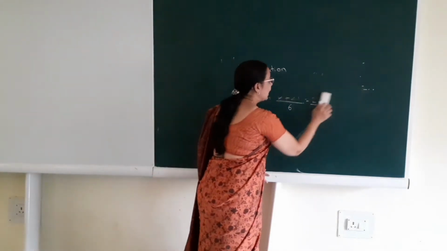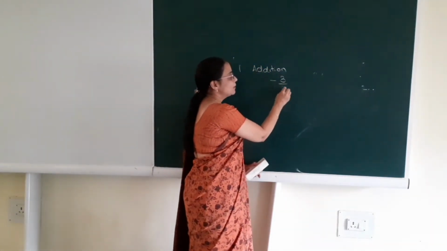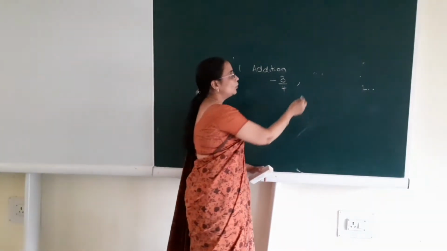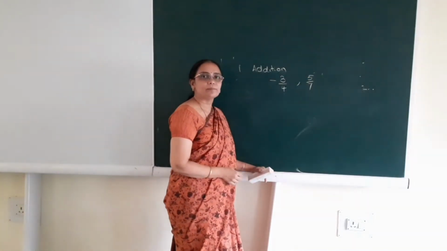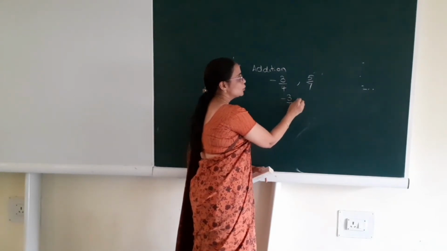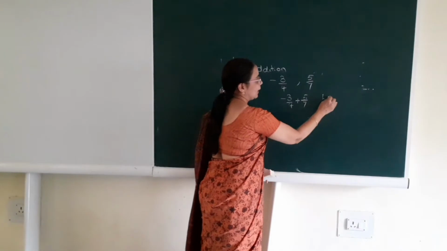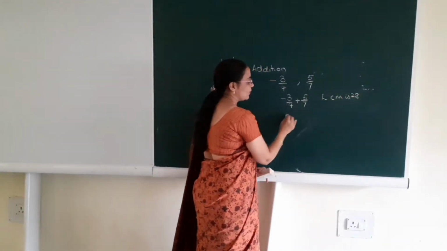Similarly, we can have one more example. If I take -3 by 4, this is one rational number, and another rational number, 5 upon 7. When we add two rational numbers, we always take the LCM, 28, of 4 and 7.